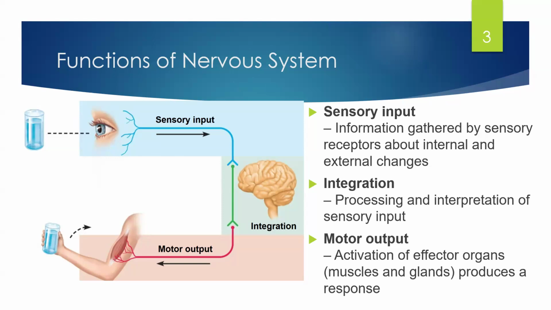So we do something with it. We're using the motor output or our muscle to pick up the water and then take a drink. So this is the big overview of the nervous system. Now things get a lot more complex, obviously, but this is the basic of what our nervous system does: sensory input, integration, and then motor output.